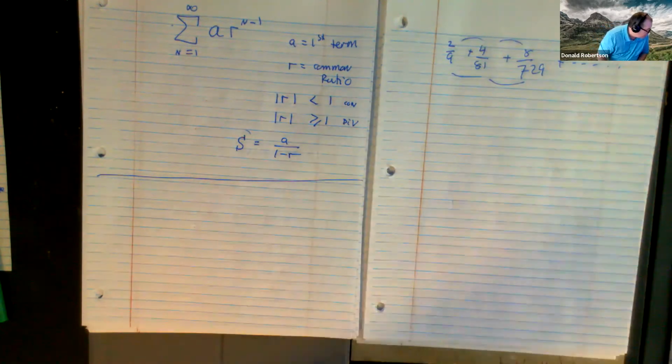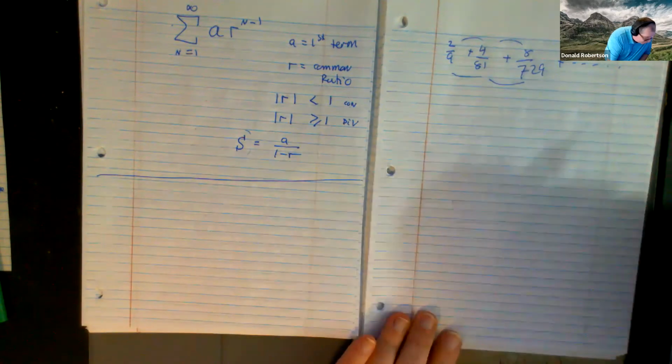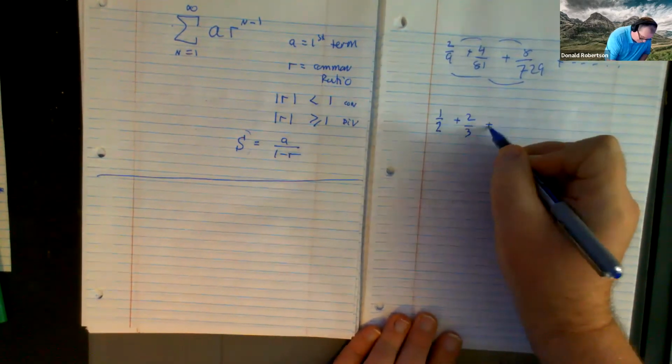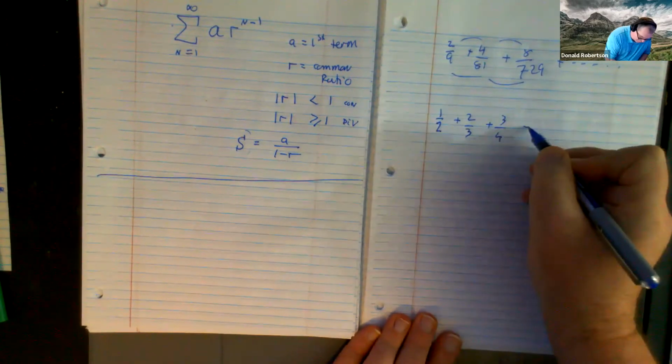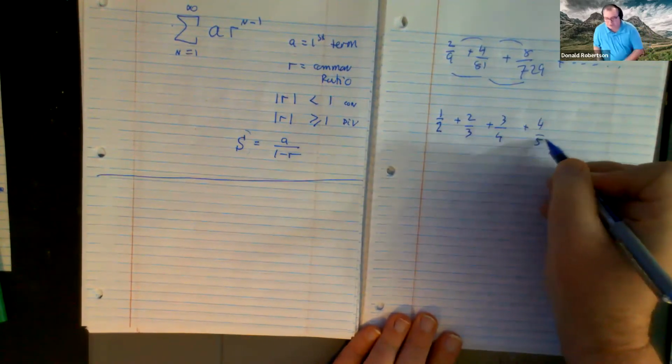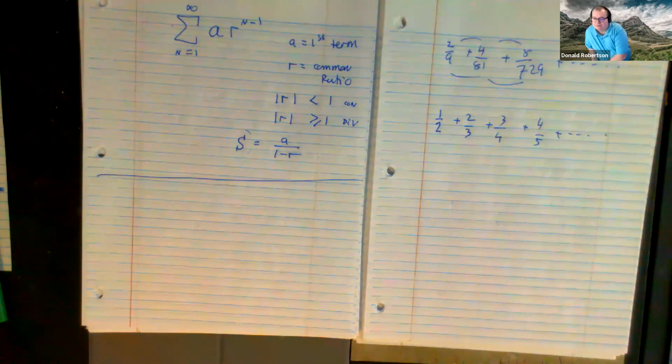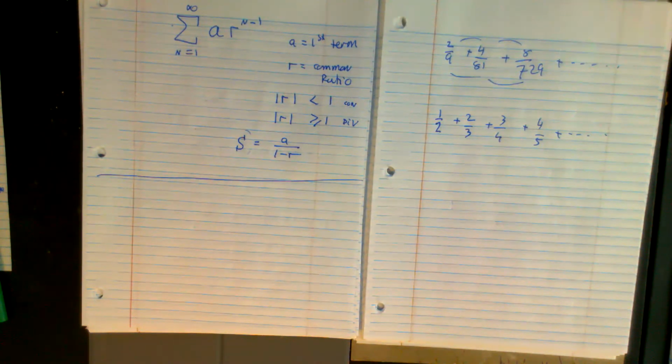So I'm not going to do any more. Here is another one. It goes on quite a bit, but they don't tell you what it is. Is that a geometric series? Correct, it's not. Would you agree it's not got a common ratio?